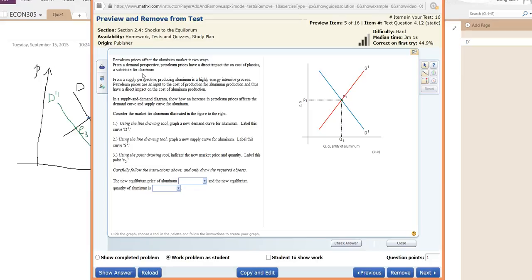So if the demand for a substitute goes down, we should expect the demand for this product, which we are considering here, to go up. That's very understandable logic. Hence, we actually have a positive demand shock here.